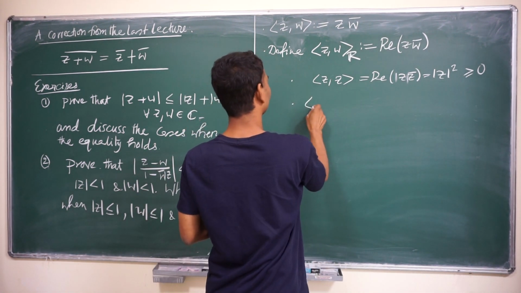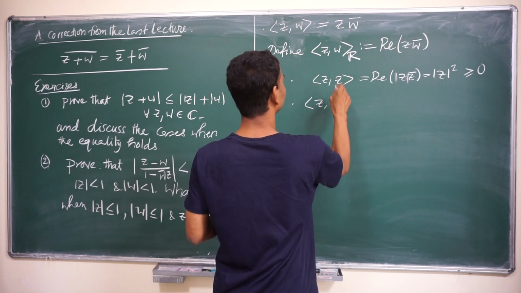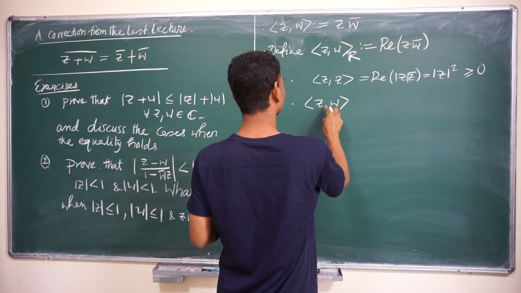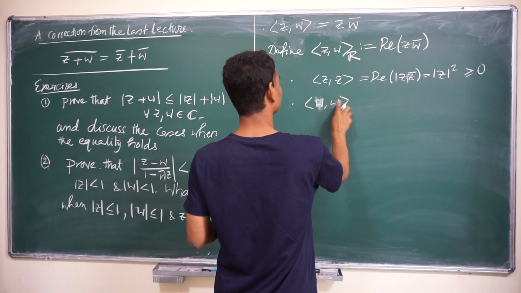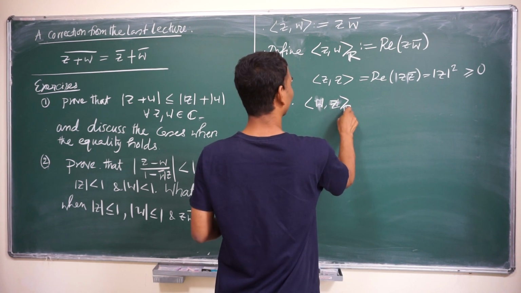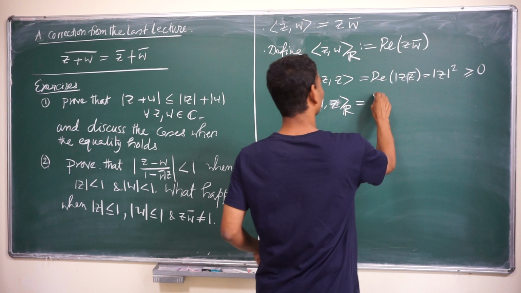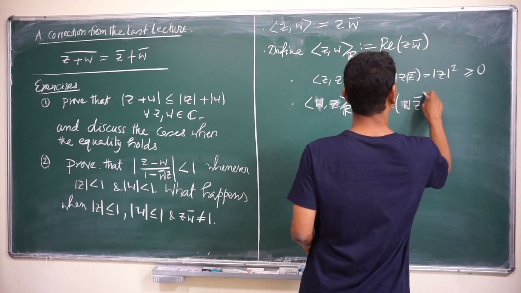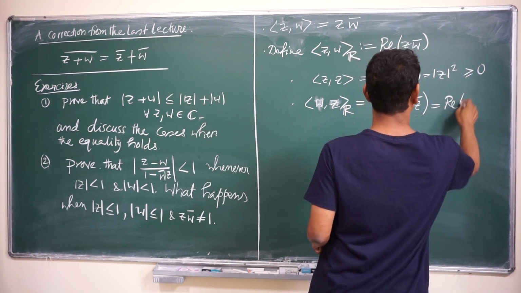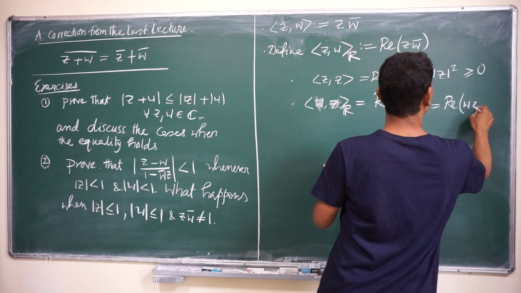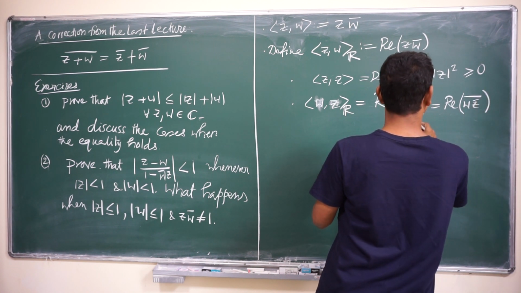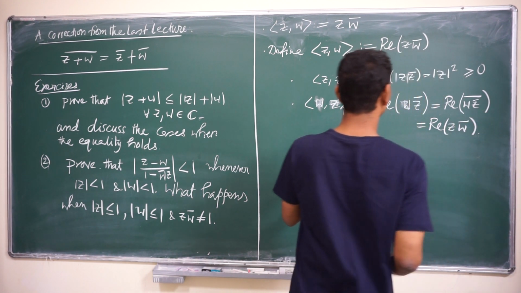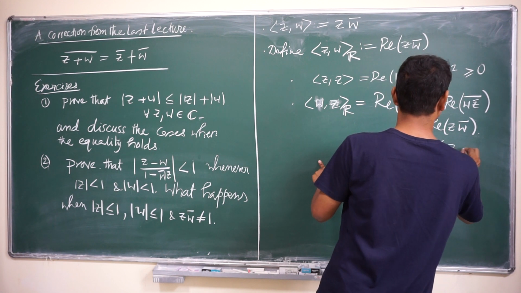And what about the inner product of w and z over R? This is the real part of w z bar, which is also the real part of z w bar, which is the inner product of z and w.